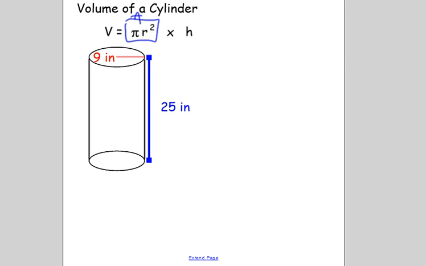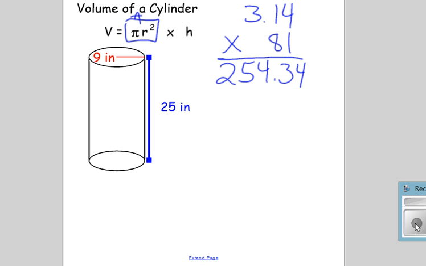We have a cylinder with a radius of 9 inches. So I'm going to take pi and multiply by 9 squared, which is 81. From here, I'm able to solve step 1, and I have an answer of 254.34.